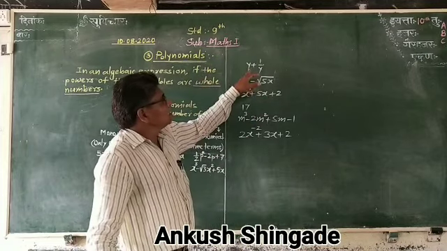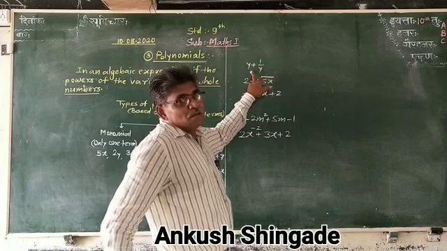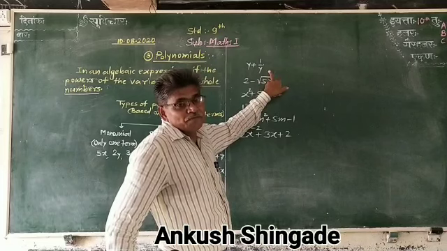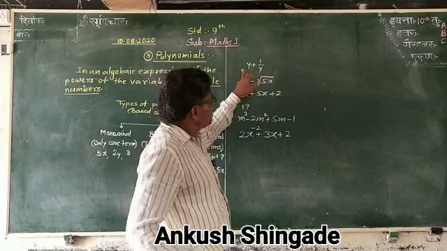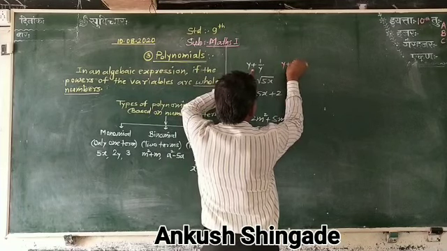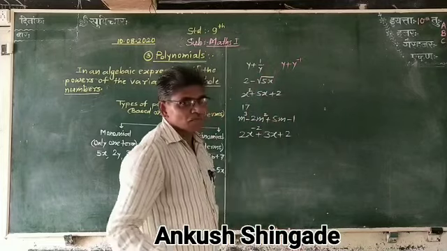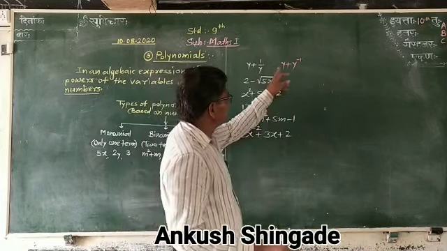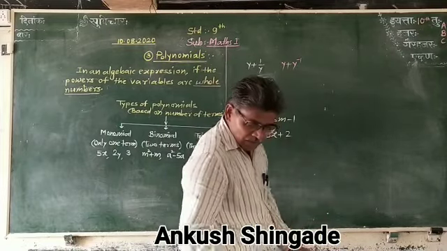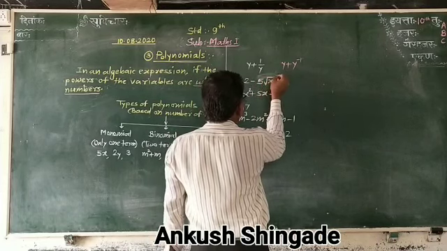Here in the first expression, y plus 1 upon y. By solving this, we get y plus y raised to minus 1. Suppose this example is given as 2 minus 5 root x.